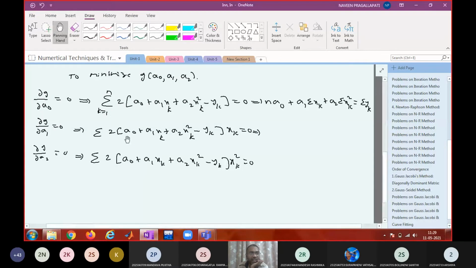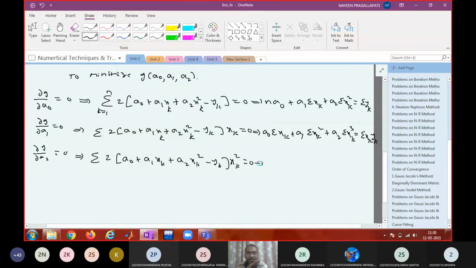The next equation gives a0 multiplied with xk, so a0 sigma xk plus a1 into sigma xk square plus a2 into sigma xk cube equal to sigma xk yk.